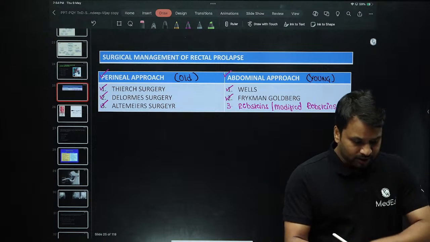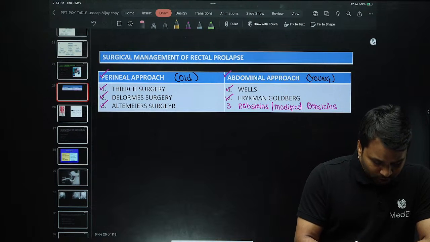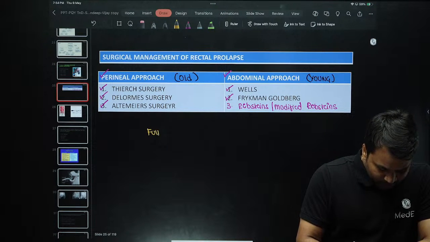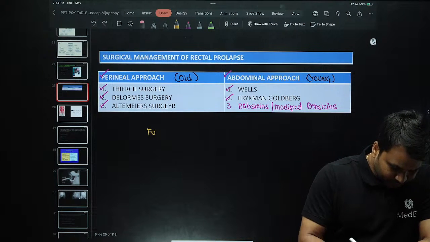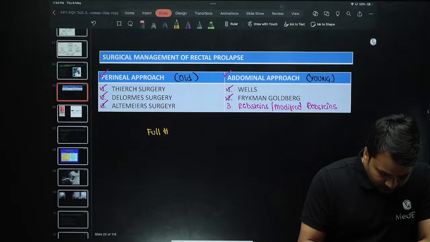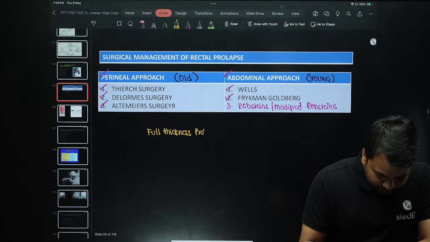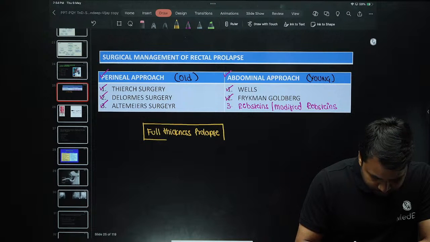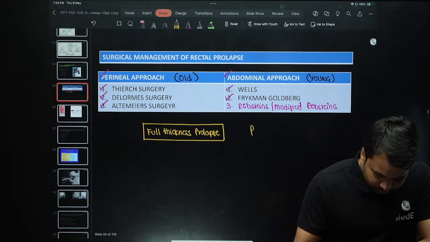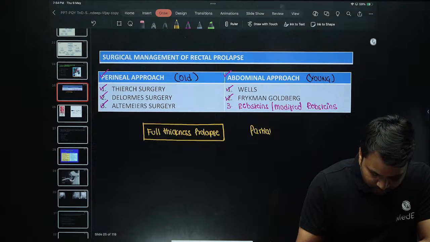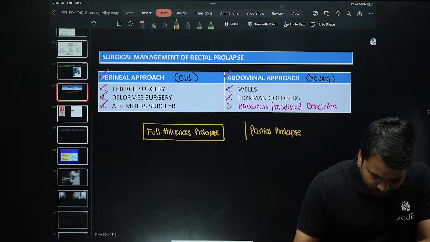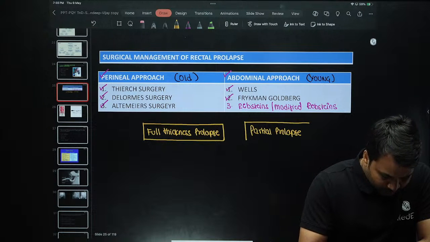Another criterion is, how do you know whether you are dealing with a full thickness prolapse or a partial prolapse?